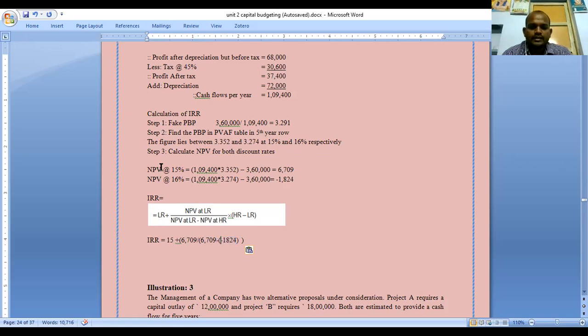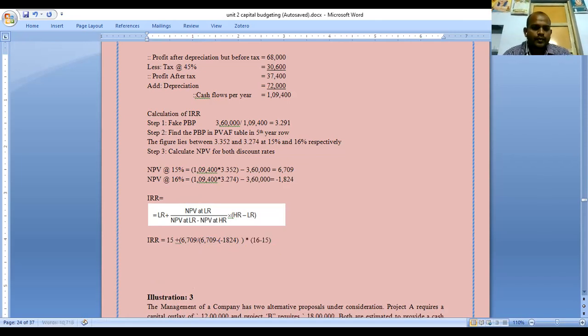So minus into minus is plus. So the difference, minus into minus plus comes around 8,533.